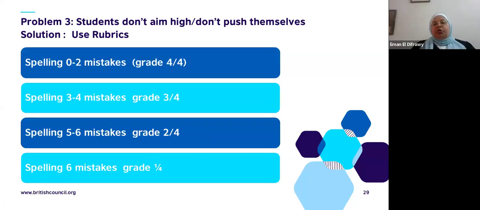Spelling from 0 to 2 mistakes, 4 out of 4. This is just an example. Of course, you can change whatever you want. It doesn't have to be 0 to 2 mistakes. Yeah, at least 1 for trying. Yeah, sure, Mohammed. Spelling mistakes 3 out of 4. They can take 3 out of 4.